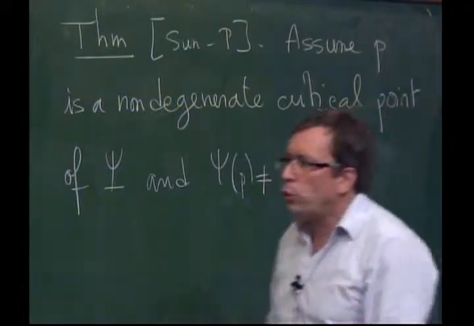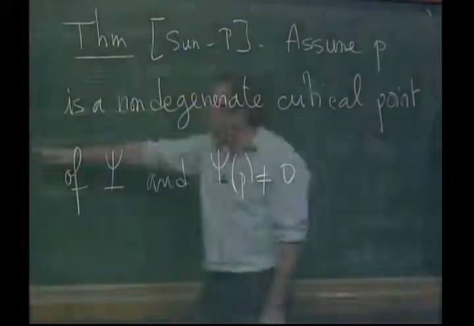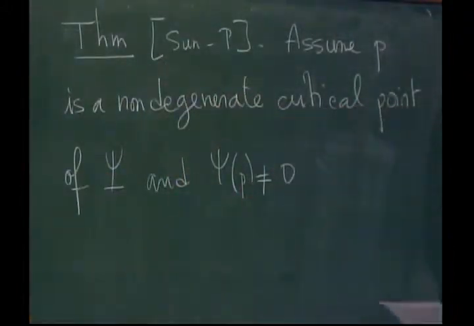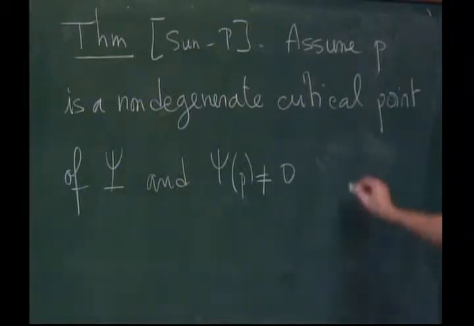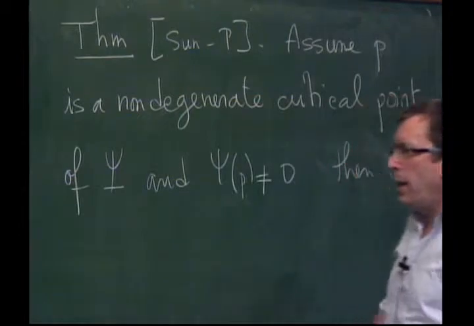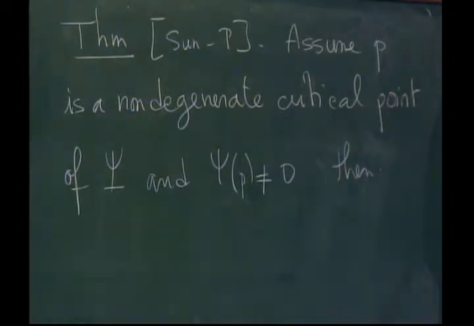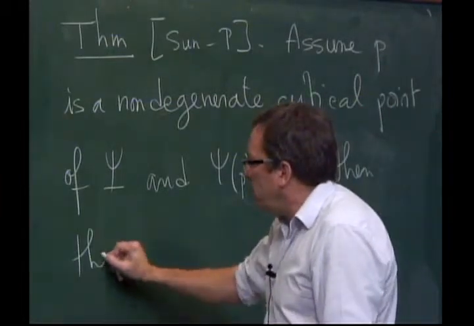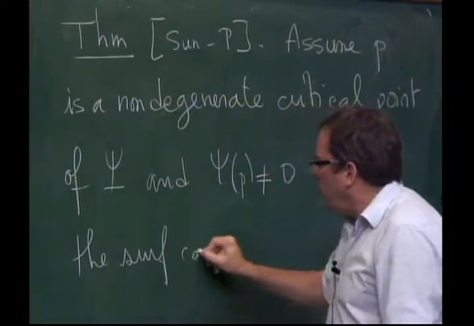You see that this is important because otherwise, if psi of p is equal to 0, then this identity here runs into trouble. And then this surface I have cooked up here can be perturbed into a constant mean curvature surface whose mean curvature is epsilon.